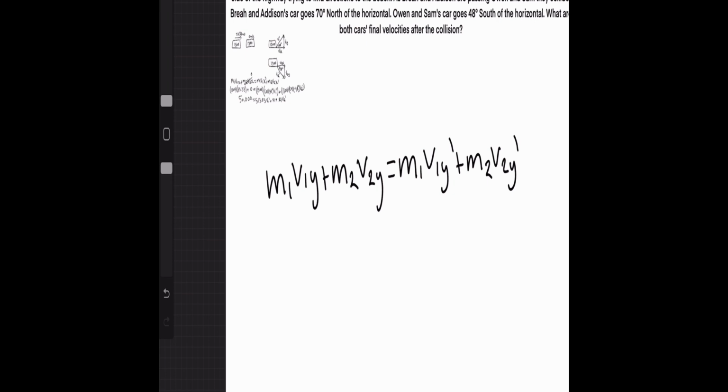So the initial momentum in the y direction is going to be equal to the final momentum in the y direction. Now, both of these are zero because Breah and Addison's car was moving in the x direction, so therefore they have no initial y component, and Sam and Owen's car was at rest, so they have no initial y component either, making this side equal 0.